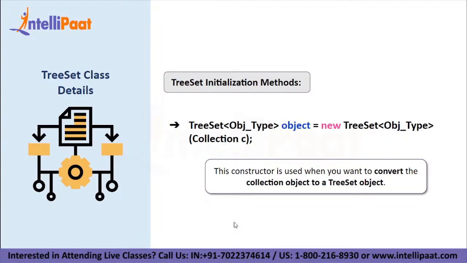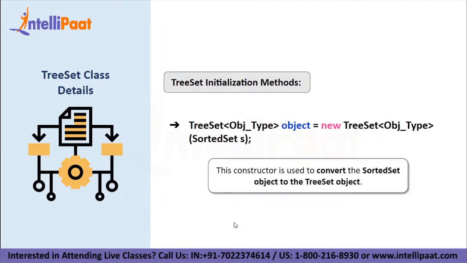The syntax for this constructor is TreeSet, then object type, object name equal to new TreeSet, then inside wrapper class, object type, and the collection that you want to insert into the tree set. The last constructor allows you to build a tree set instance containing all the objects from the given sorted set in which elements will get stored in default natural sorting order. In short, this constructor is used to convert the sorted set object to the tree set object.